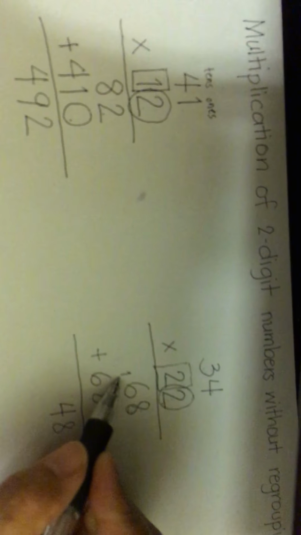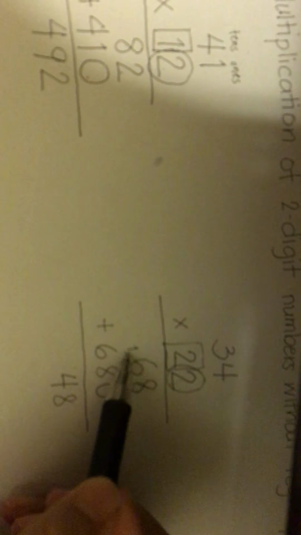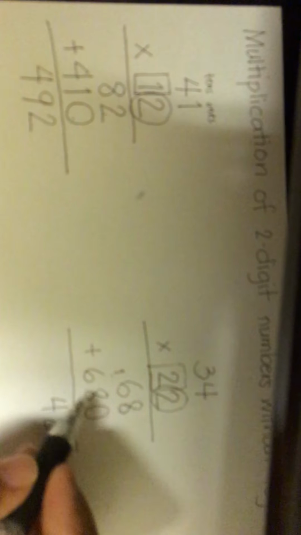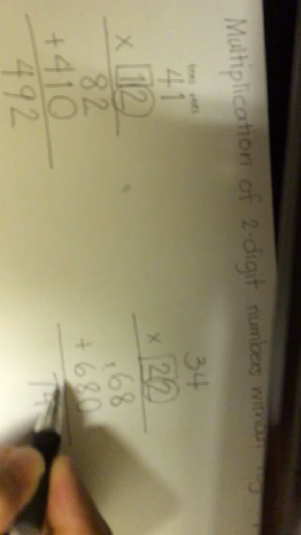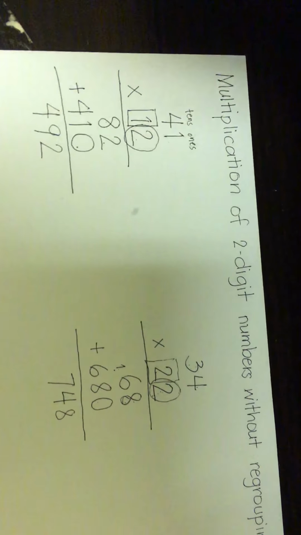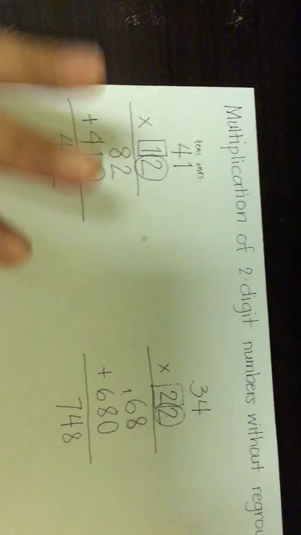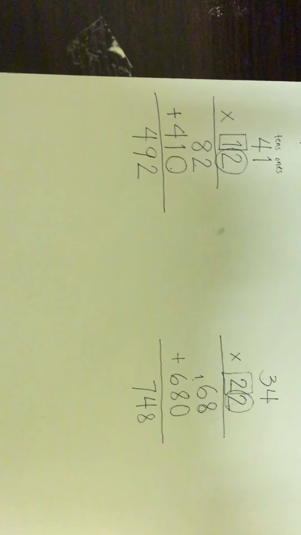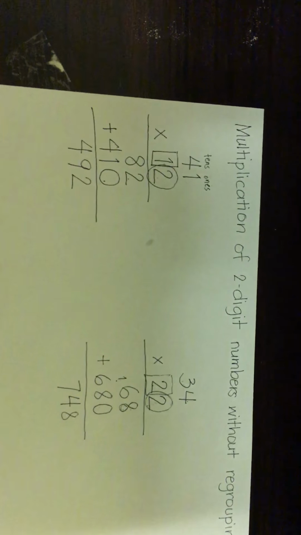Then we go to the next group: 1 plus 6 is 7. This is the final answer: 34 multiplied by 22 is 748.